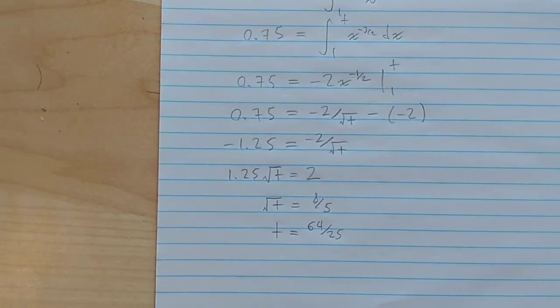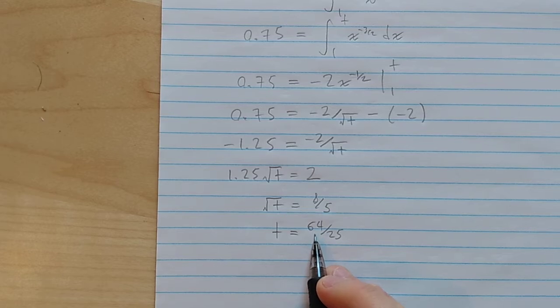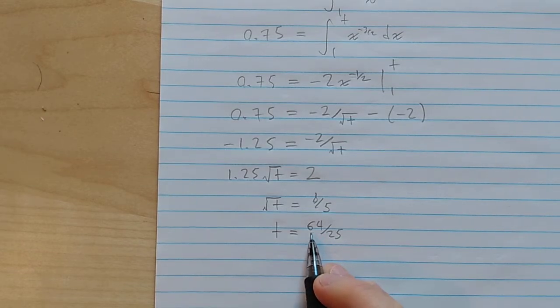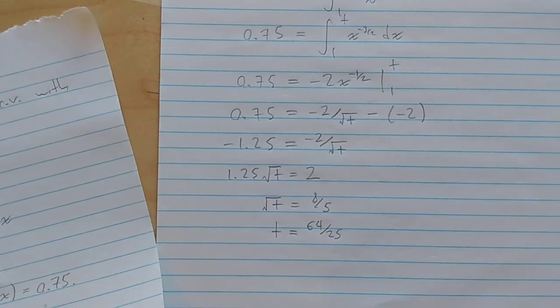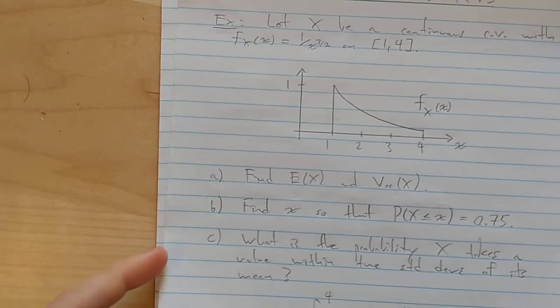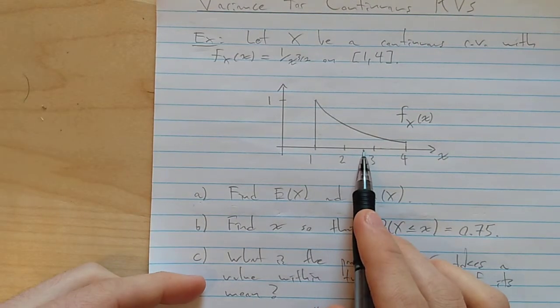Cool. So 64 over 25, what is that? That's somewhere between 2 and 3, right? 64 over 25. Yeah, I don't have my computer. But anyway, that's what it is, somewhere between 2 and 3. And so we figured out that 64 over 25, that's somewhere between 2 and 3 here.